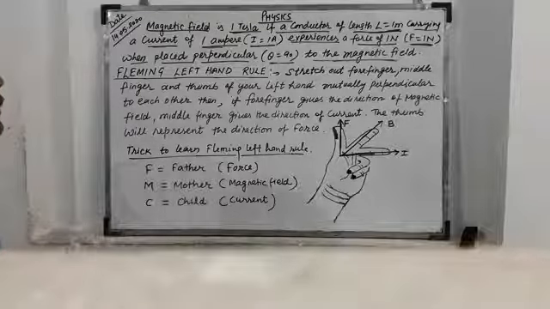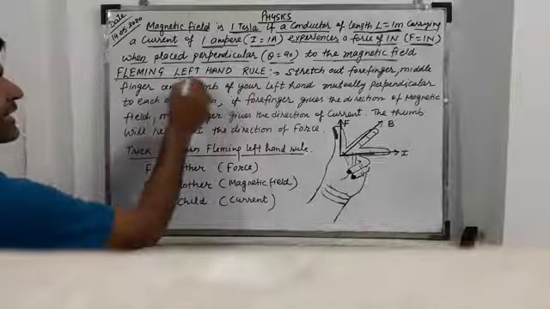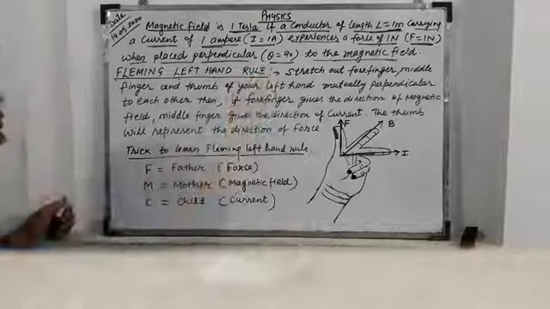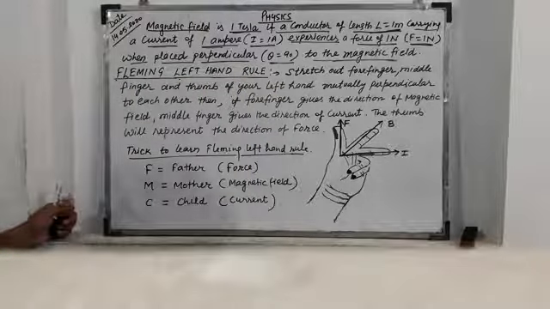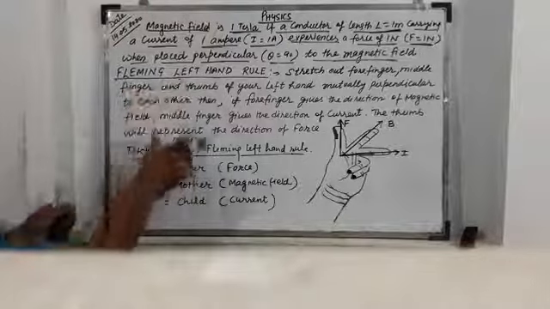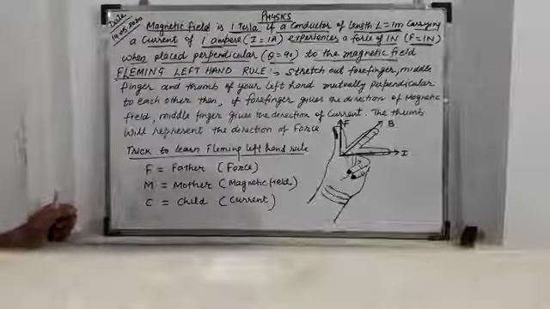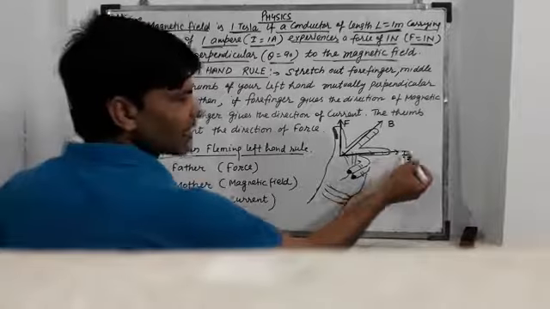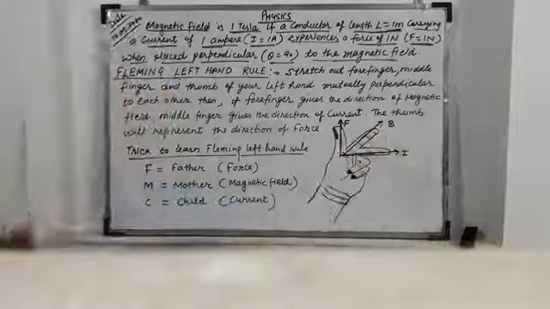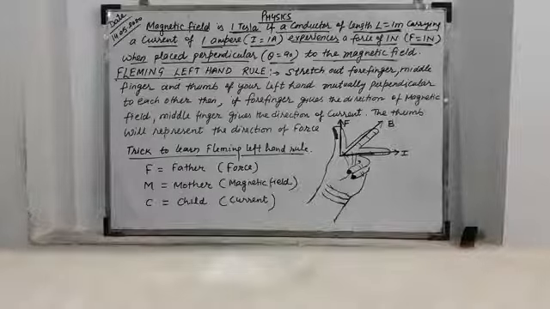Now Fleming's left hand rule. The direction of magnetic force is given by this rule, when current, magnetic field and force are present.